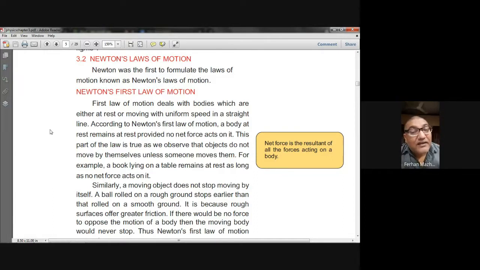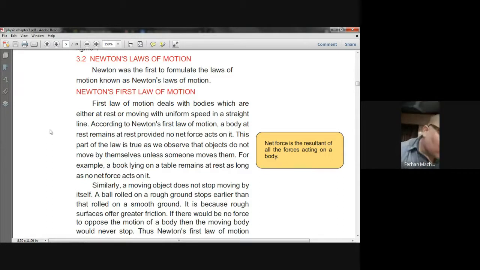But for example, if I throw a ball, if I kick a football, the football moves and then it stops. You see, the reason is that the football is being acted upon by forces which are not balanced. That marble is being acted upon by forces which are not balanced.